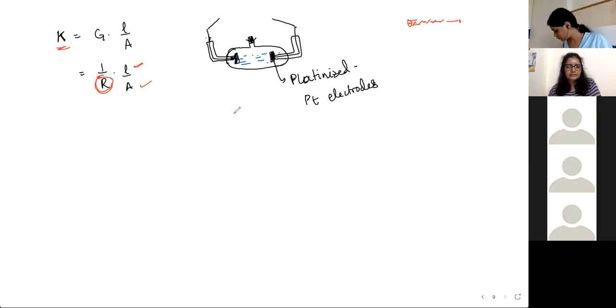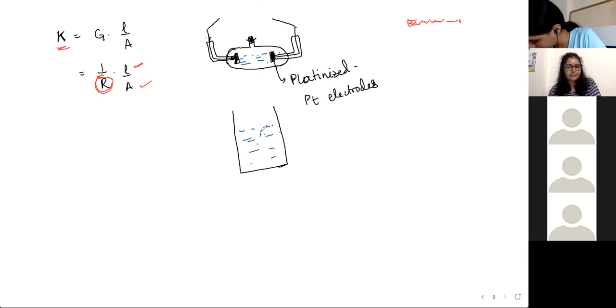Another design is very similar, just that the shape and the setup vary. There's a container, as always, to hold your electrolyte. Instead of looking like a cathode ray tube, your electrodes are directly dipped in it. Everything else is the same. You're going to have platinized platinum electrodes, just that the setup is different.